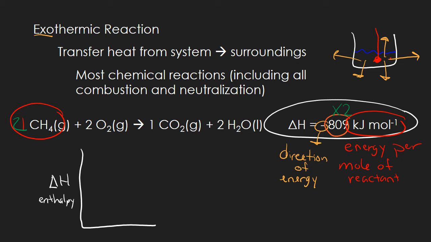On the bottom essentially is time, but we just simplify it into the reaction taking place. If we are in an exothermic reaction, that means energy is leaving the system, so we need to know where things are going to be. This is very general. So we have our reactants, and our reactants have a lot of stored energy because they're going to be losing that energy. And then we have our products.